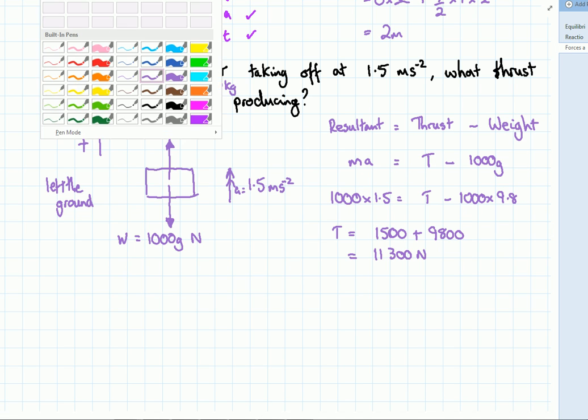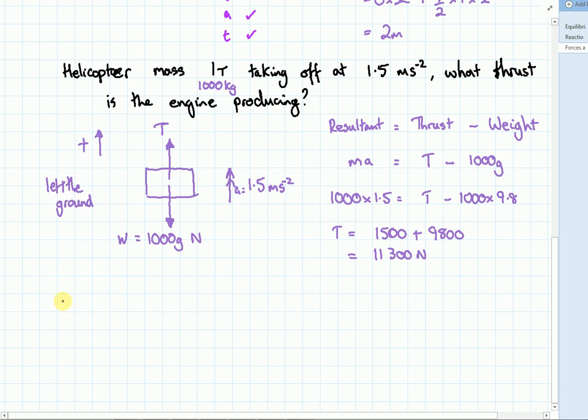This one is actually a situation where we have an ice skater, and we're going to start off with the SUVAT part of the problem. So an ice skater, mass of 65 kilograms, is moving with a speed of 2 meters per second, and halts after 10 meters.